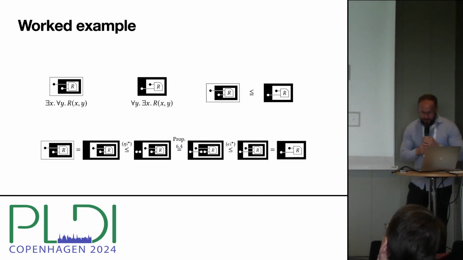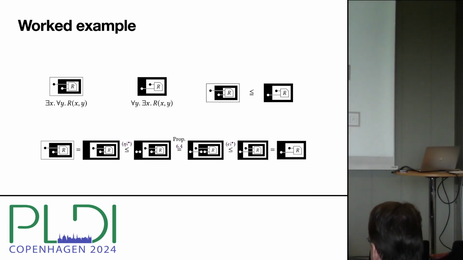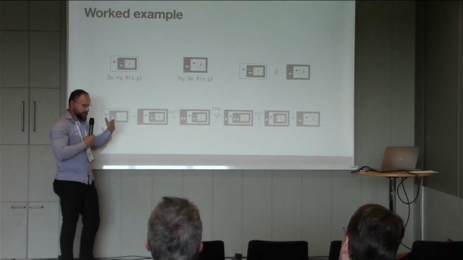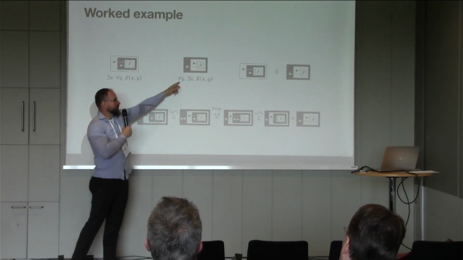So here's a little worked example. This is a completely algebraic account of first order logic. Here's a diagram that corresponds to the formula there exists x for all y, R(x,y). Here's the diagram that corresponds to the formula for all y there exists x, R(x,y). In first order logic, this is a non-trivial example where you can prove using, let's say, Gentzen calculus or natural deduction that this implies this.